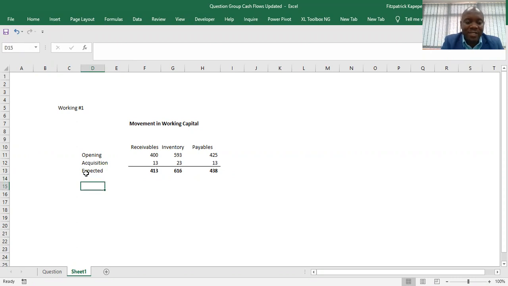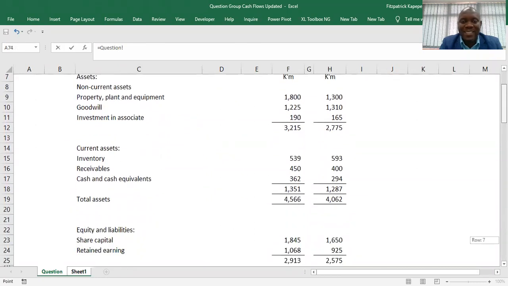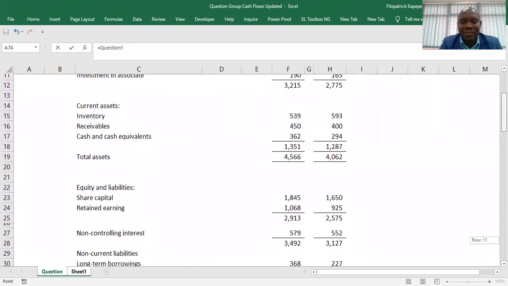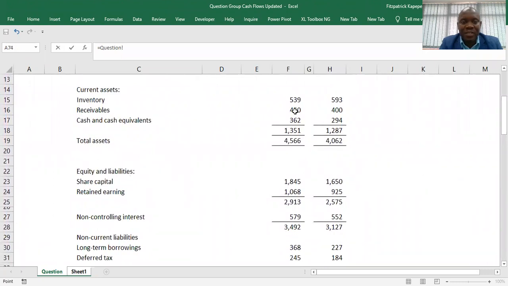But what did we get? What I would call the actual? That should be the expected closing balance. But what is the actual closing balance? So the actual closing balance will go to 2018.